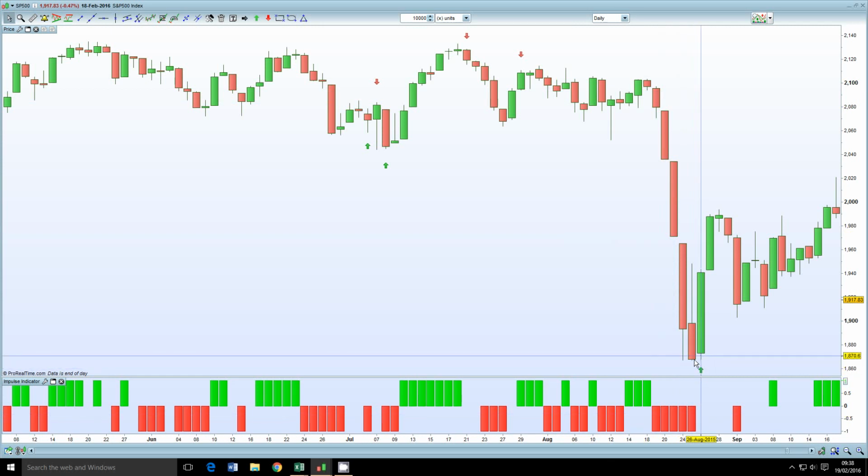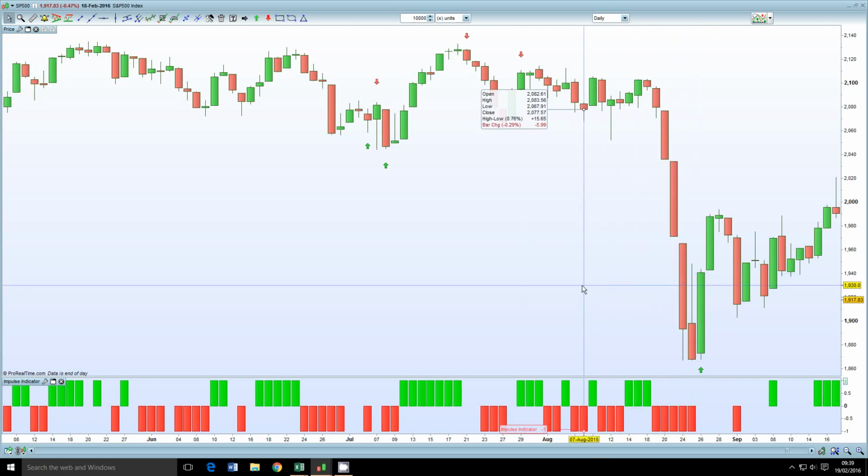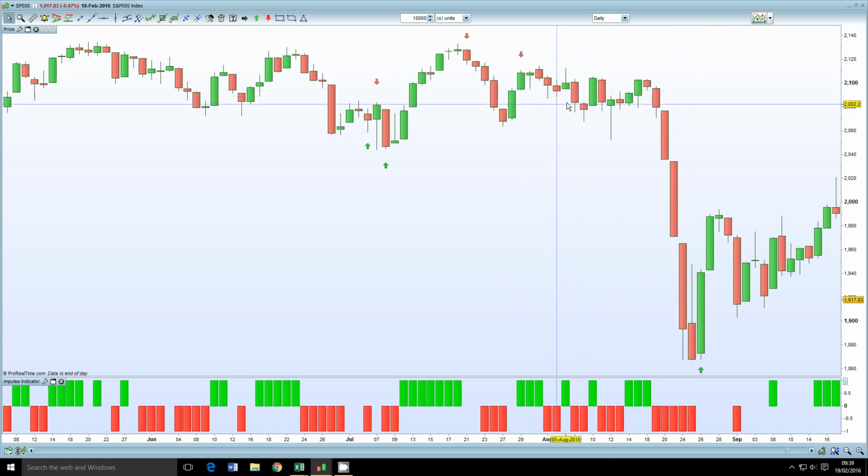Now we do lose a little bit of potential profit as we get out on a strong bull candle, but you can see the difference between these two prices would add up to quite a nice, what are we looking, somewhere around 60 odd points worth of a trade. Now again, this is a perfect example of a trade.